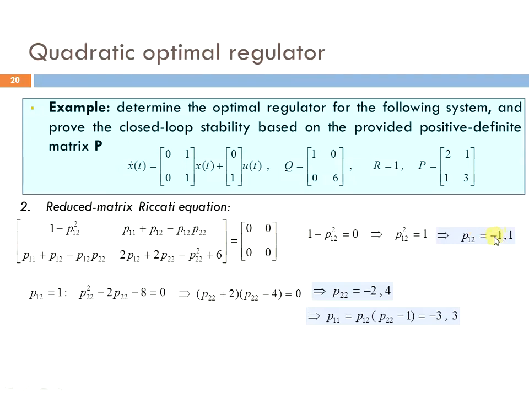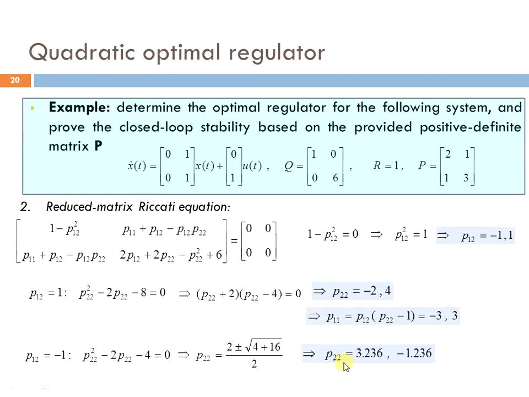Okay. Taking the negative value of P12 and following the same procedure, we end up with a quadratic expression in P22, and because this is not factorizable, we can apply the quadratic formula and find that the values for P22 corresponding to the negative value of P12 are 3.236 and -1.236.